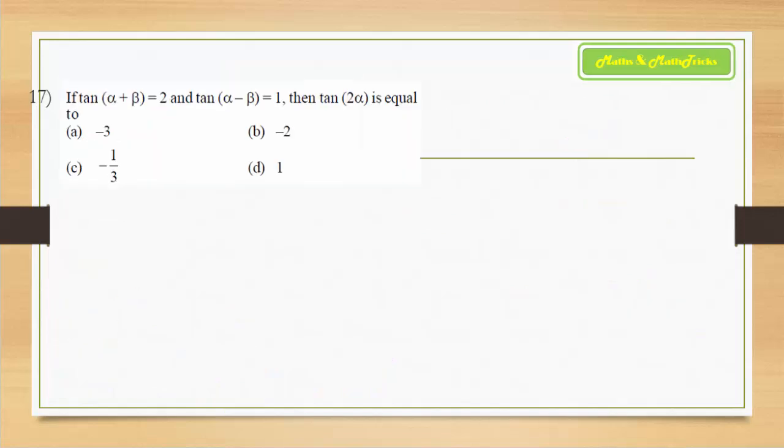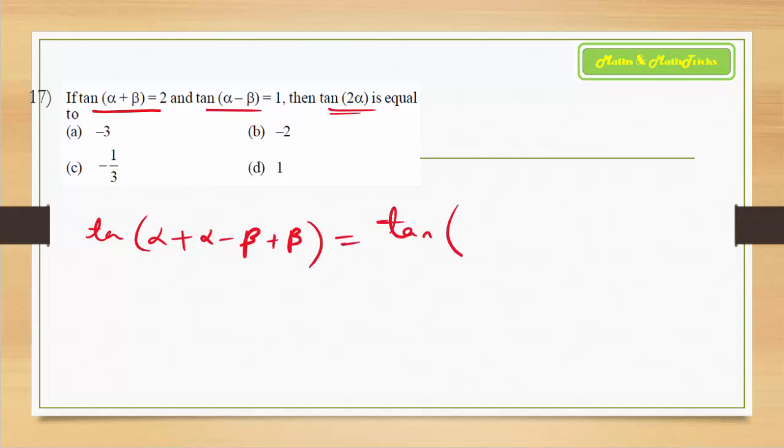Now in this we have given tan of alpha plus beta value and tan of alpha minus beta value to find out tan 2 alpha. Well, tan 2 alpha you can write as alpha plus alpha and adjust in that minus beta plus beta. So there you go by grouping them, tan of alpha plus beta, right, plus alpha minus beta.